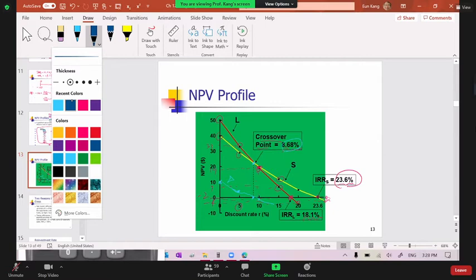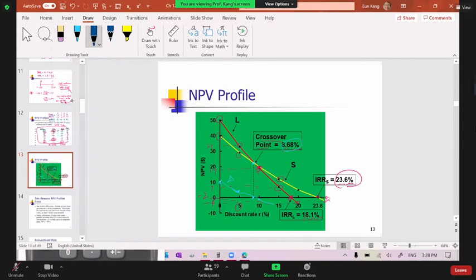If you do S minus L, then the project delta's net present value when WACC is 0 is negative. So your net present value profile will be upward sloping rather than downward sloping like those. So it doesn't look good, right? So it's like this.